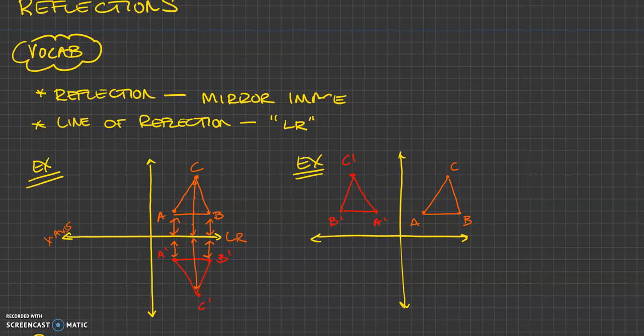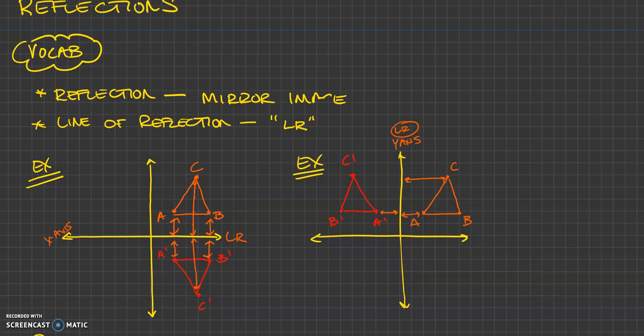All right, let's look at this next example. Here we have our pre-image ABC, and we're going to be reflecting it across the y-axis, which is also our line of reflection. So in this case, it's the same process. I'm going to look at the distance from A to my line of reflection. That's 2 units. I'll go 2 units there.